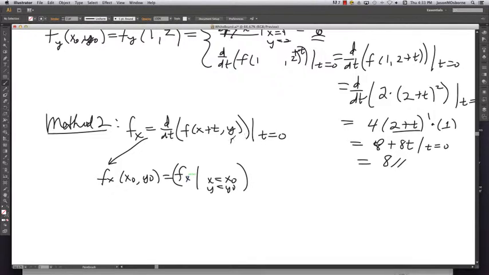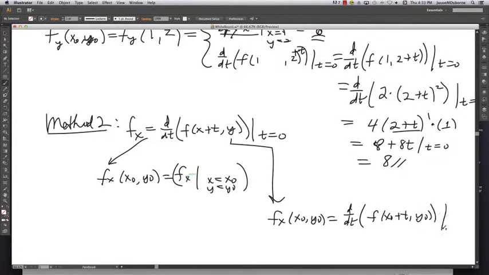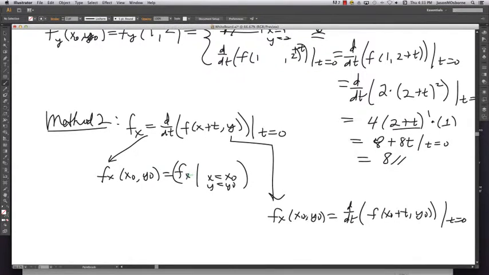Or you could get the same answer by doing the derivative with respect to t of f of x naught plus t comma y naught, take the derivative and set t equal to 0, and you'll get all the same answers.